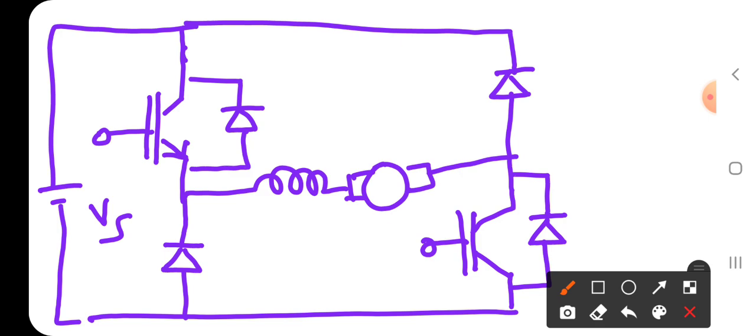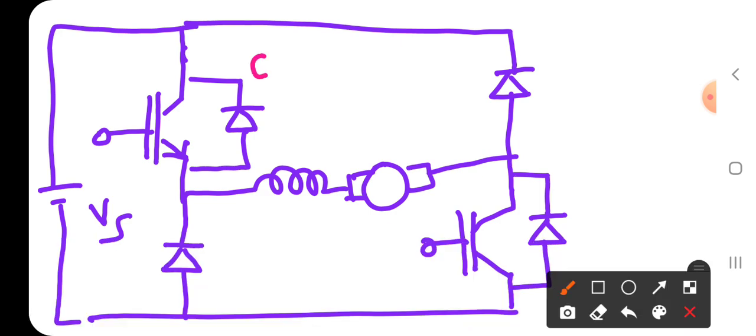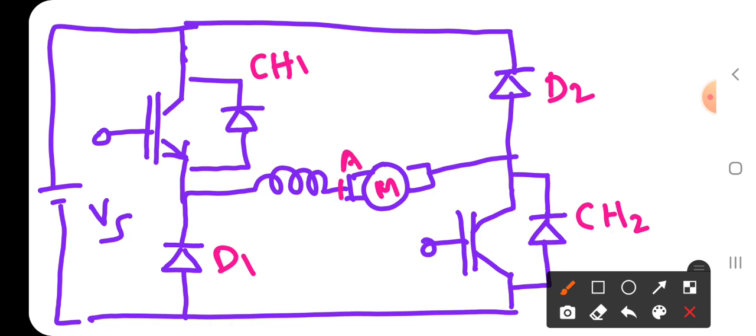Here let me take the switches as CH1, CH2, D1, D2, and this is the motor, A and AA.